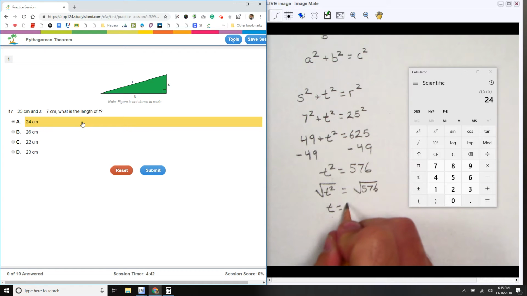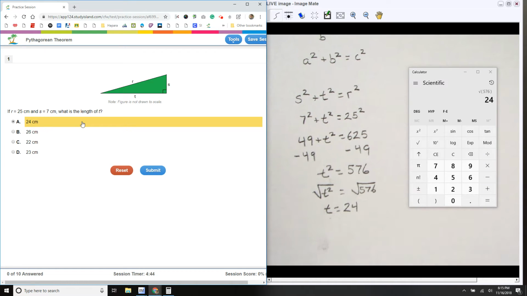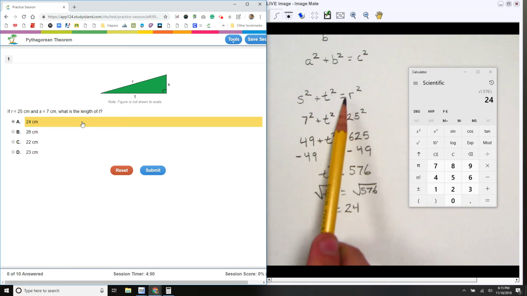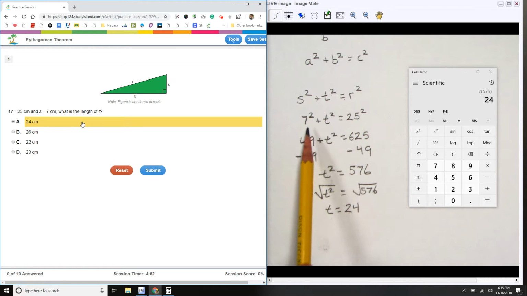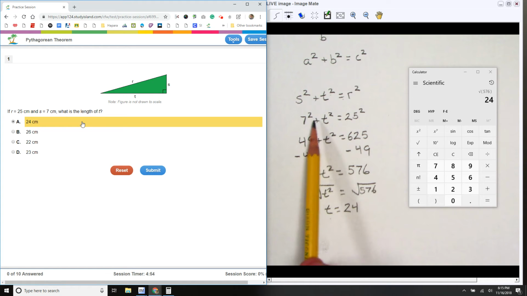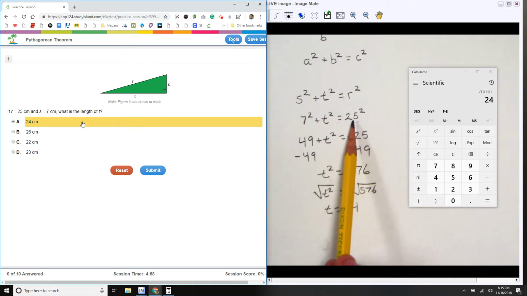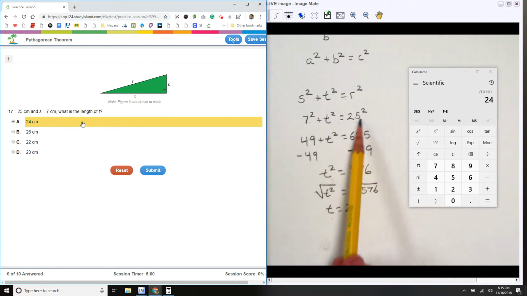T equals 24. So again, one leg squared plus the other leg squared equals the hypotenuse squared. One leg was 7, so 7 squared plus the other leg squared equals 25 squared because the hypotenuse is 25. 7 squared is 49 and 25 squared is 625.